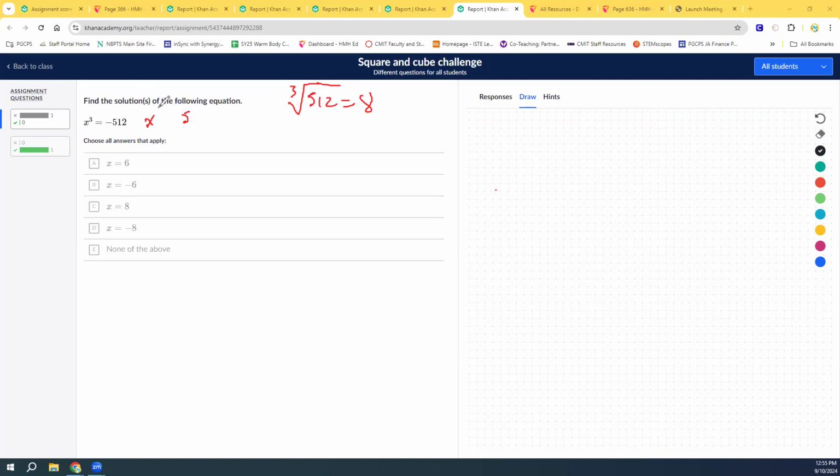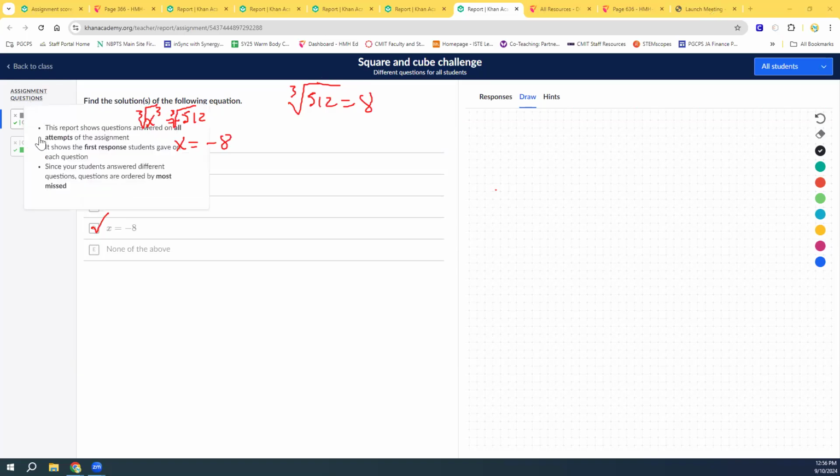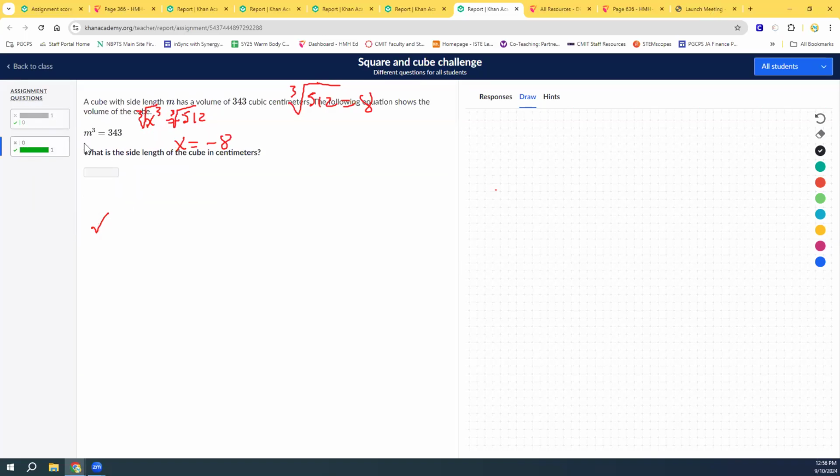And here we have to take the cube root of 512 because we see x cubed. So that's what I'll do. And I'll get x equals negative 8. Well, that wasn't so bad. It wasn't a challenge to me. But if it is to you, then you can post it to the traffic light problem and make it red.